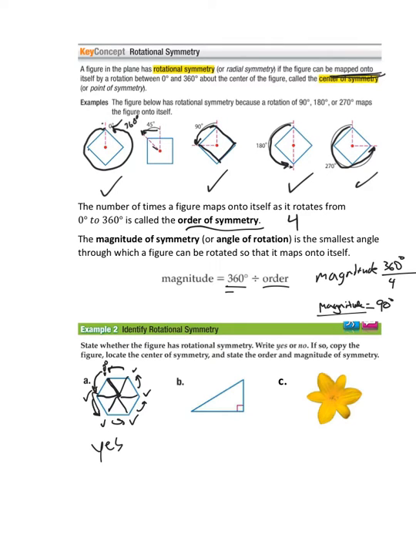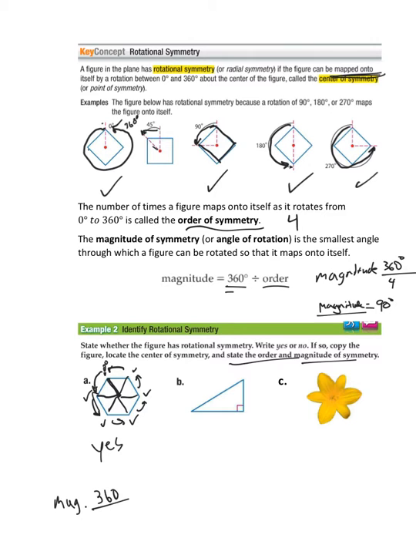So its order, the number of times it mapped onto itself is 4. The magnitude of symmetry, should abbreviate mag, 360 divided by, oh my guys, I apologize. You guys are probably all thinking I'm crazy as I wrote down 4. How many times did it map onto itself?